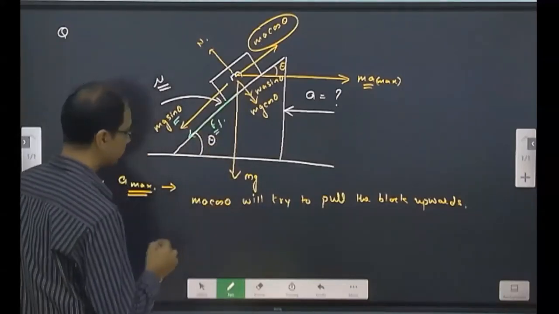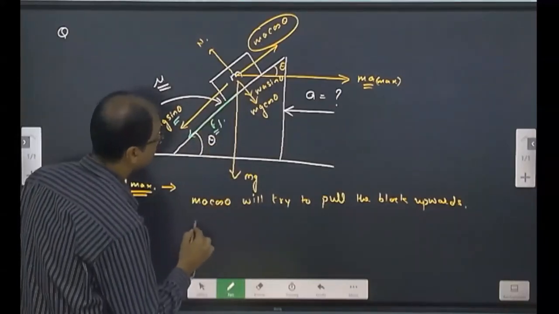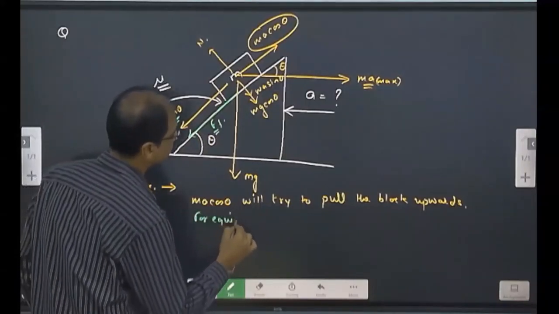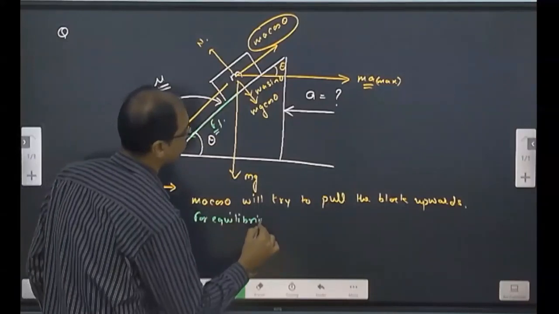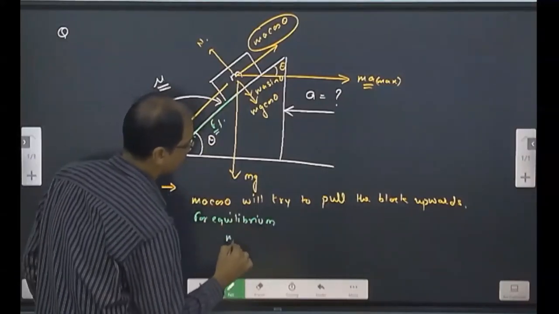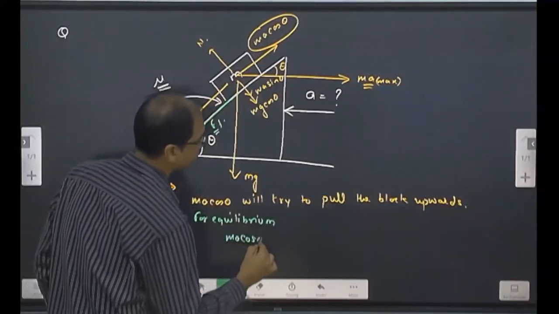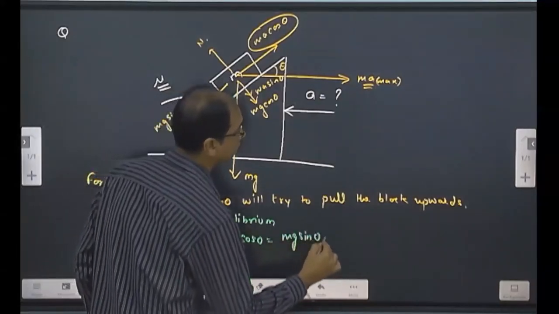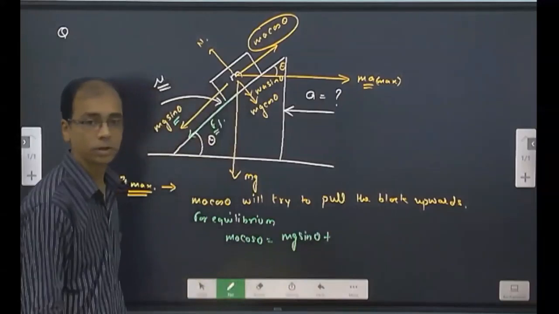Okay, so for equilibrium, we will say ma cos theta must be equal to mg sin theta plus friction. Which friction? Limiting friction, because you want to keep it at rest.